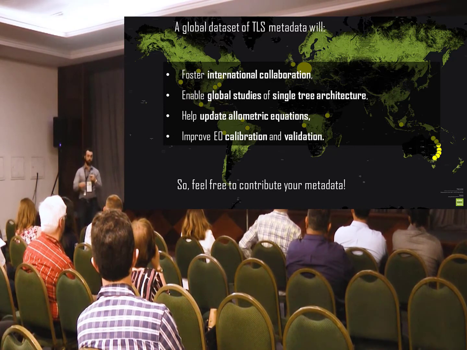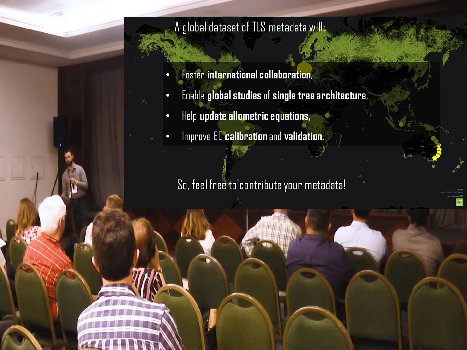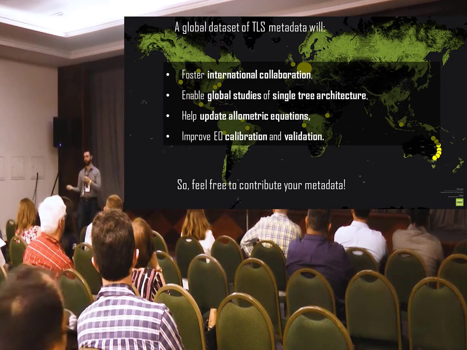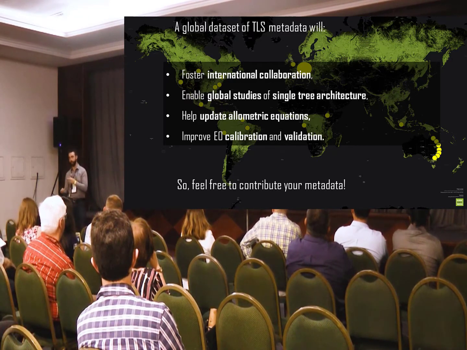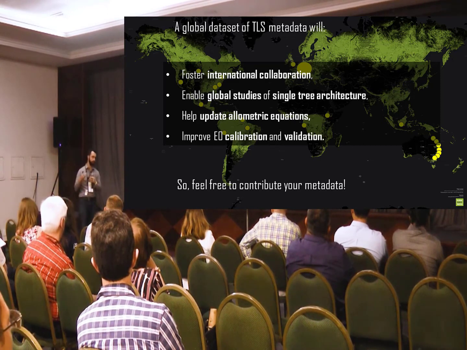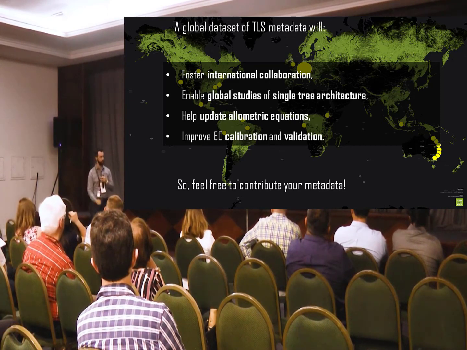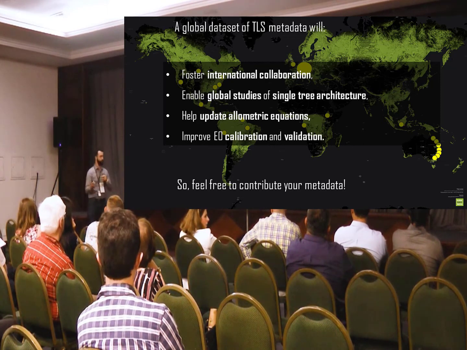And related to that is improving calibration and validation of all of these Earth observation sensors, whether it's GEDI, NISAR, BIOMASS, you name it. They're all relying on plot level data to be as good as possible. And so us contributing to that, in any way possible, would be really powerful.